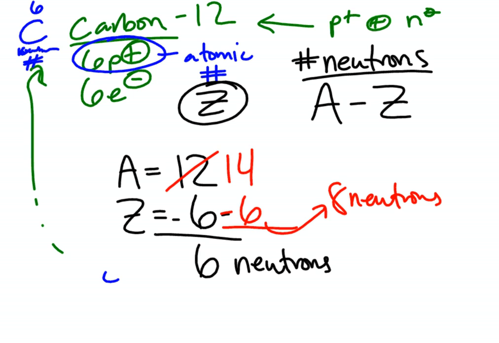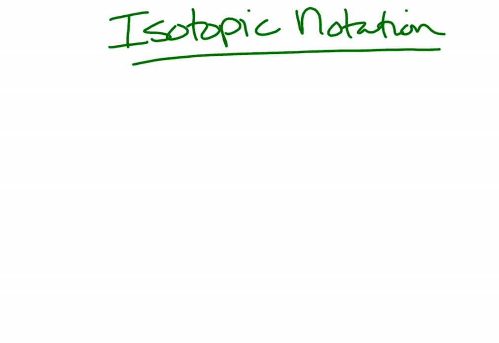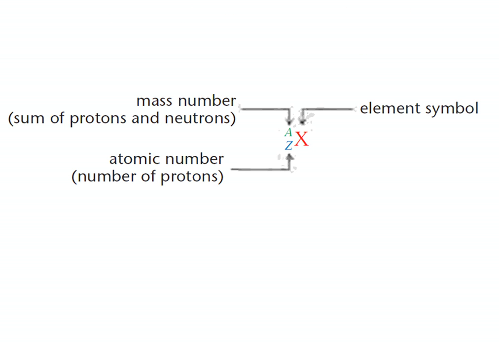All right, isotopic notation is pretty simple. You have your symbol, which for carbon would be C. Then you have your mass number, which is the number of protons and neutrons. That's A, and it's written as a superscript that comes before the symbol.